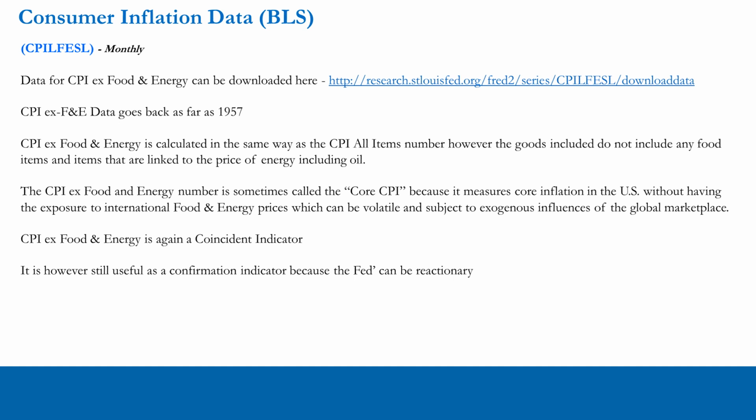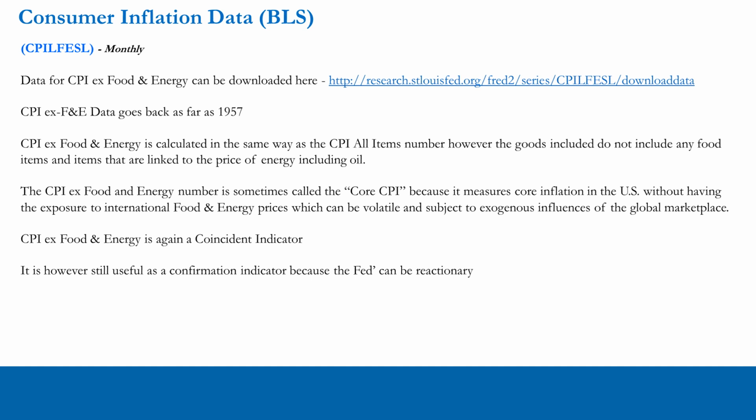Now, the CPI X food and energy number is sometimes referred to in the market as the core CPI number because it measures core inflation in the US without having the exposure to international food and energy prices that can essentially be volatile and subject to exogenous influences in the global marketplace that are outside of the control of the central authorities in the US.